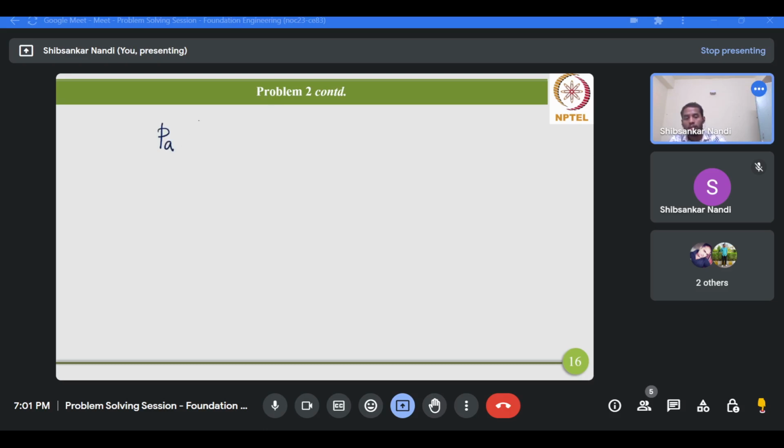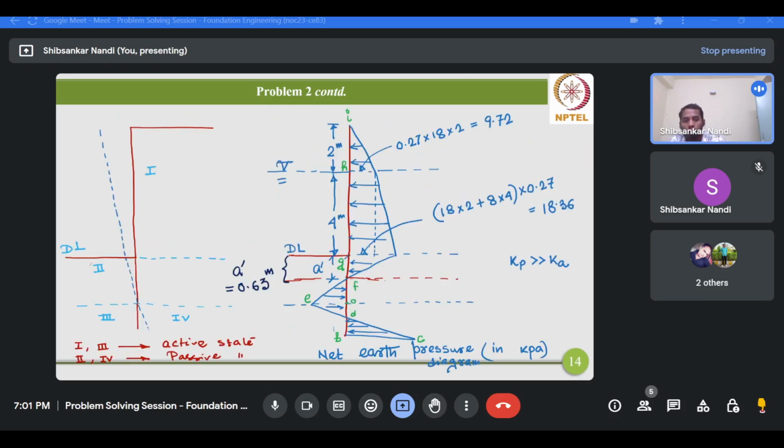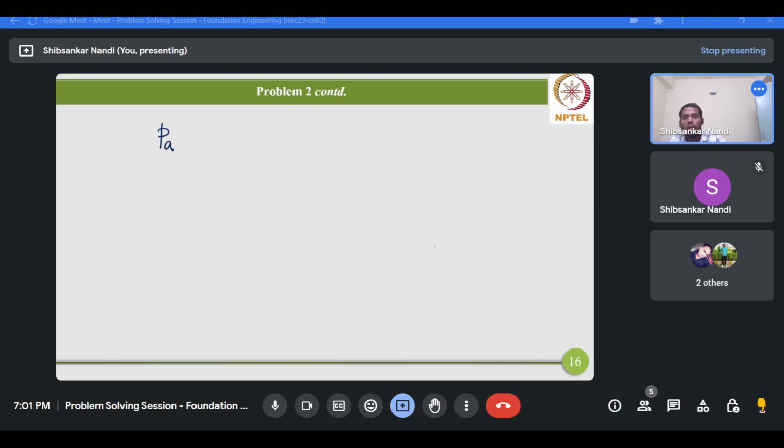If you denote this value as Pa, it will be Pa plus gamma prime A prime multiplied by Ka. So this is your Pa for region 1.